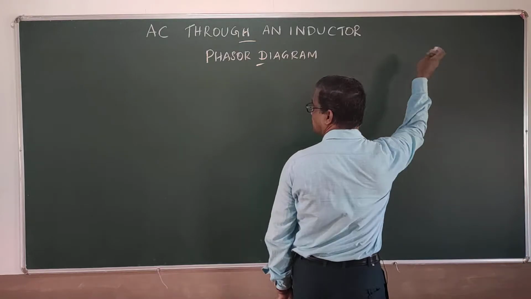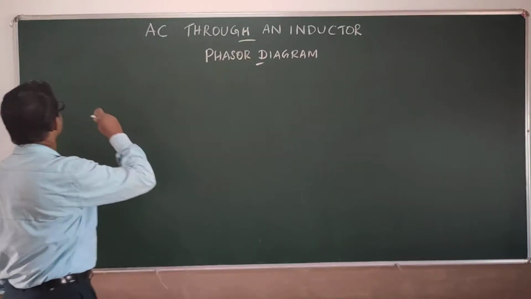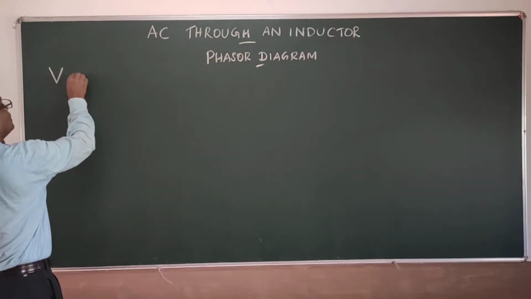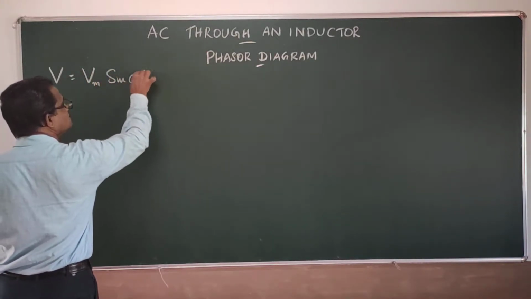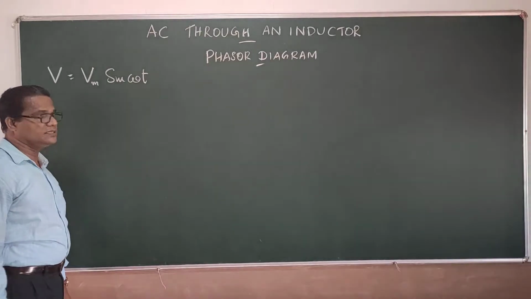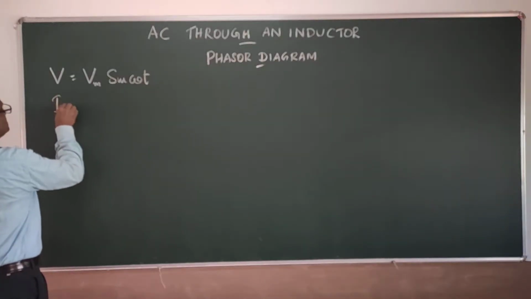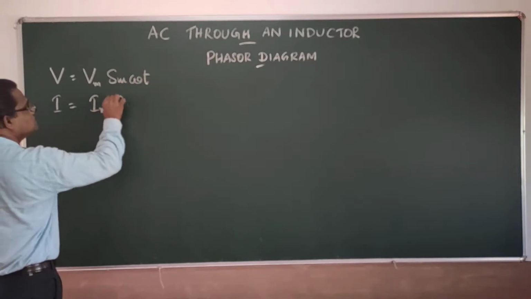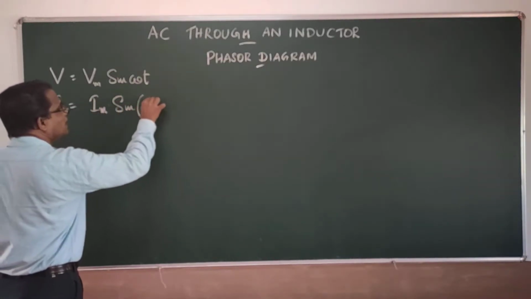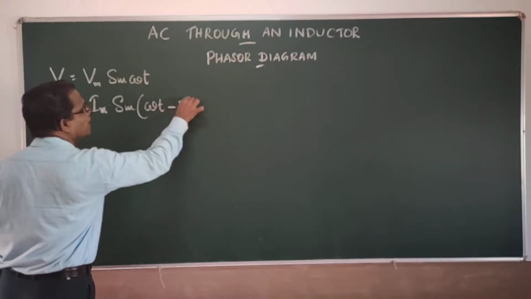We understood that the voltage V equal to Vm sin omega t is applied across the inductor. Then the instantaneous current through the inductor will be Im sin(omega t minus pi by 2).